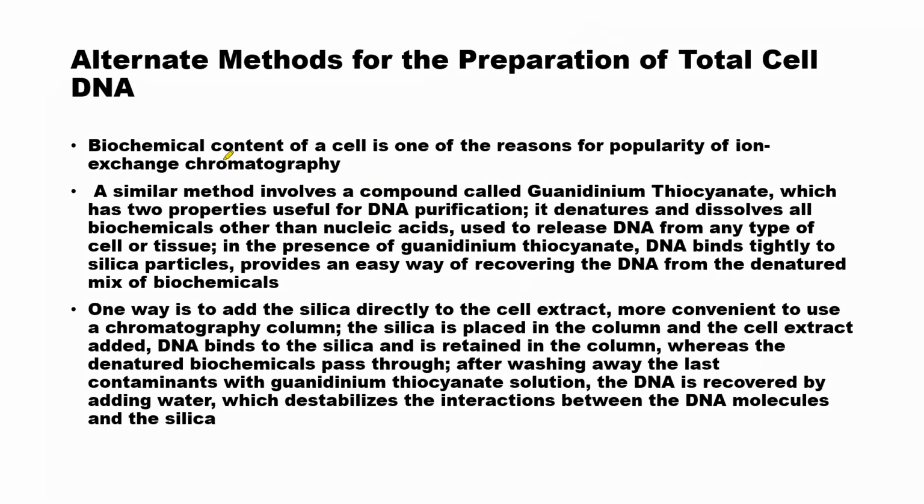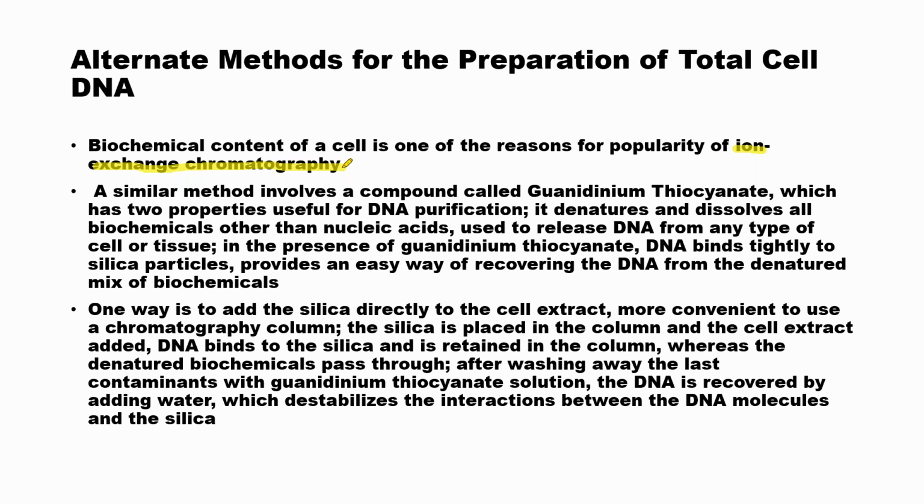Now, because we have a biochemical content difference between bacterial cell, plant cell and animal cell, this is one of the reasons why we are using ion exchange chromatography widely. Because ion exchange chromatography, as we studied in the last class, is based on electrical charge and electrical affinity.